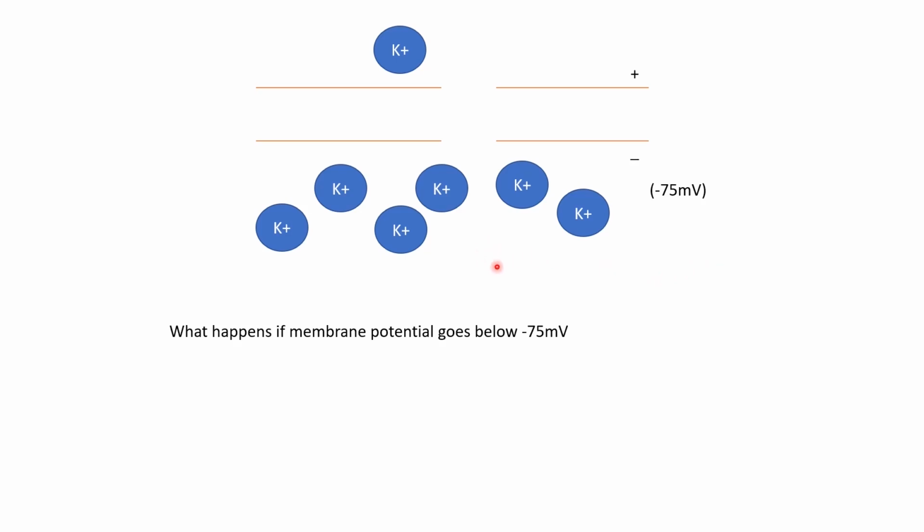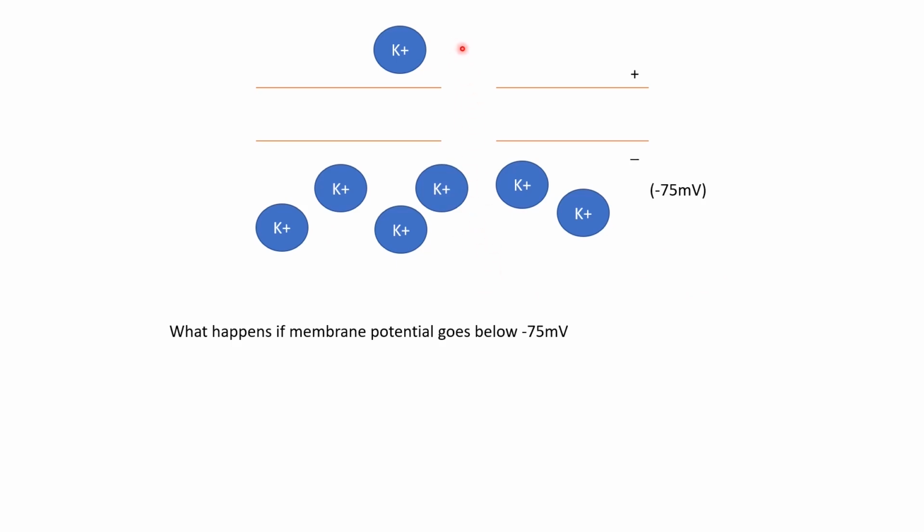In that case, the chemical gradient for the potassium ions to move out remains the same, but the electrical gradient that is trying to bring the potassium ions inside becomes stronger because now the membrane is even more negative. So there is a bigger electrical driving force trying to bring the potassium ions inside.